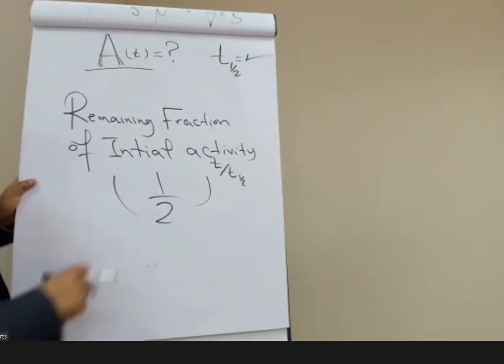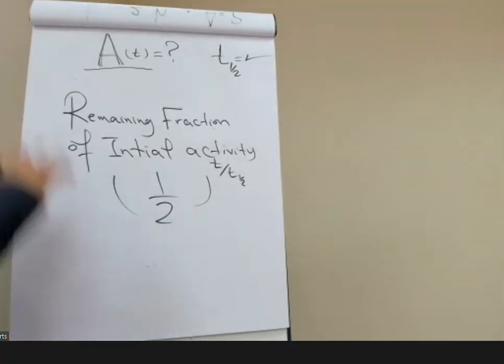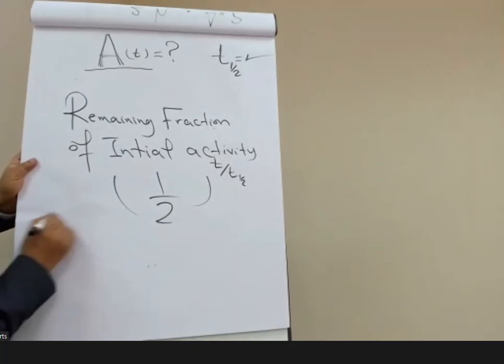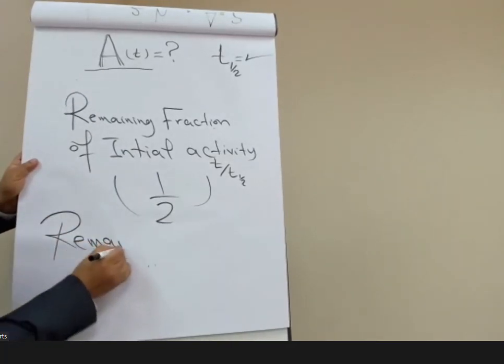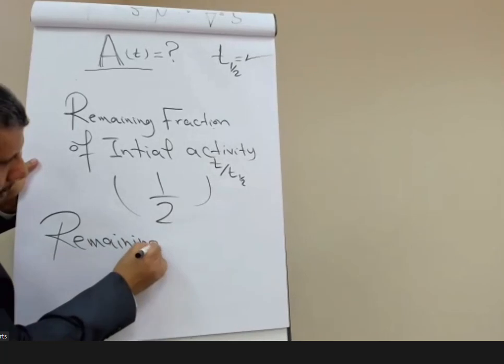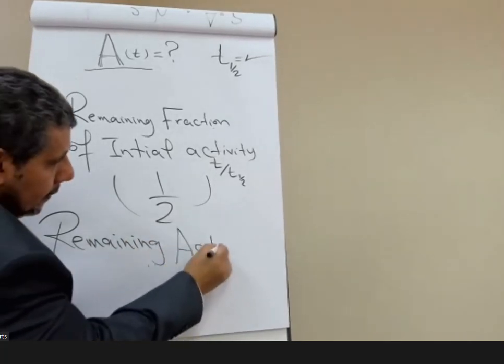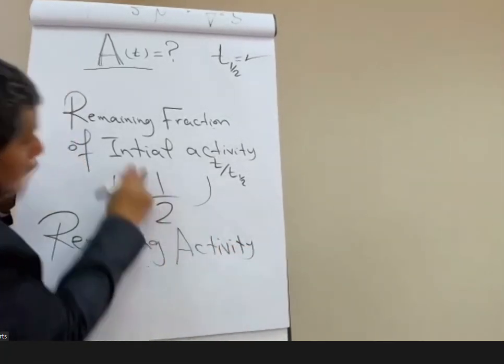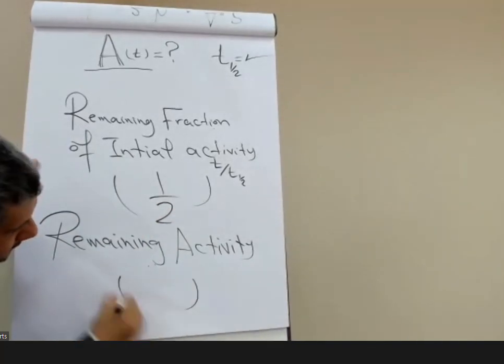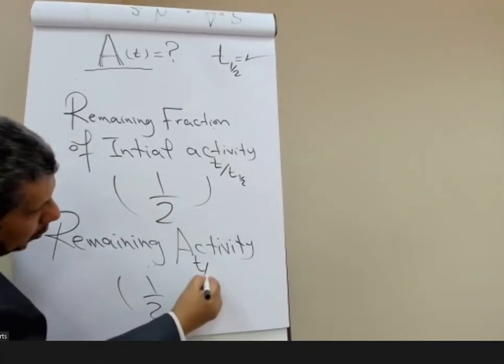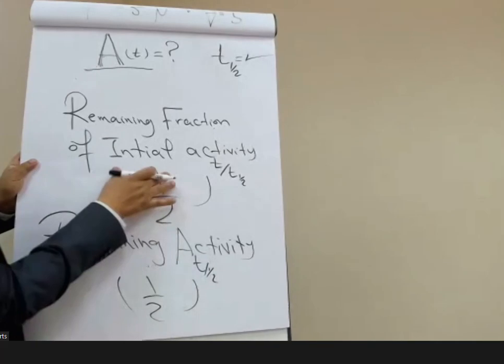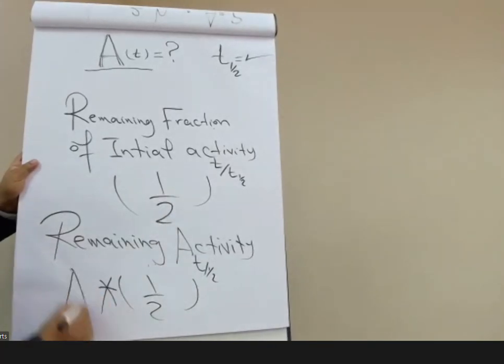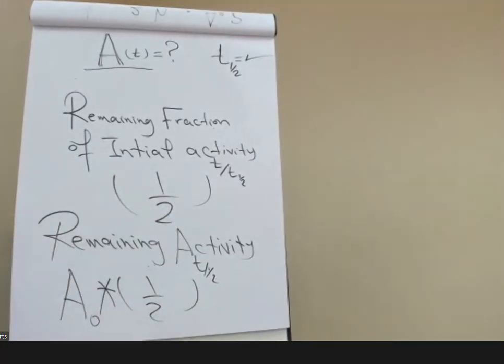If you need the remaining activity after T, you will multiply this (1/2) to the power T over T half, this fraction, by the initial activity. And finish.